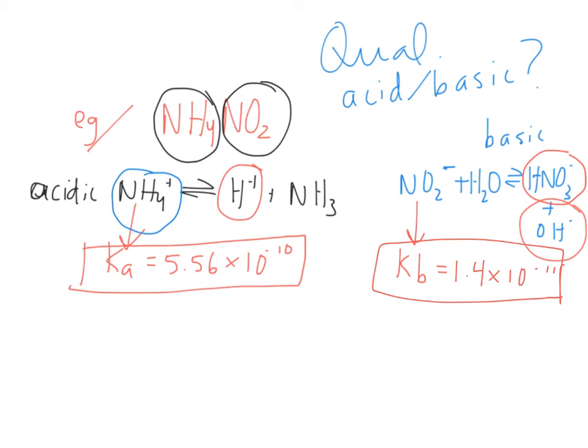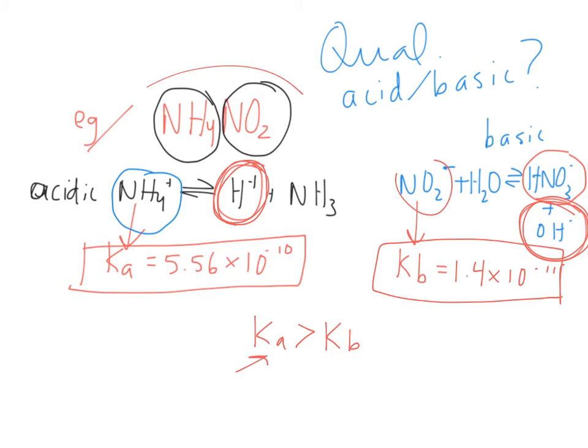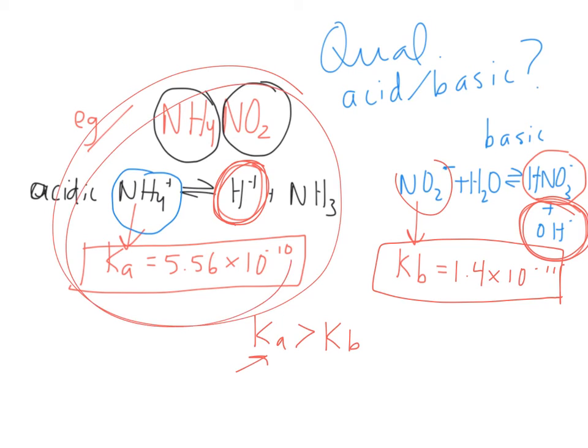So the Ka tells you to what extent you have these protons in solution. The Kb of this system tells you to what extent you have hydroxide in solution. And then you compare. In this situation, your Ka is bigger than your Kb. So what that means is this situation that's happening over here is the dominant system.